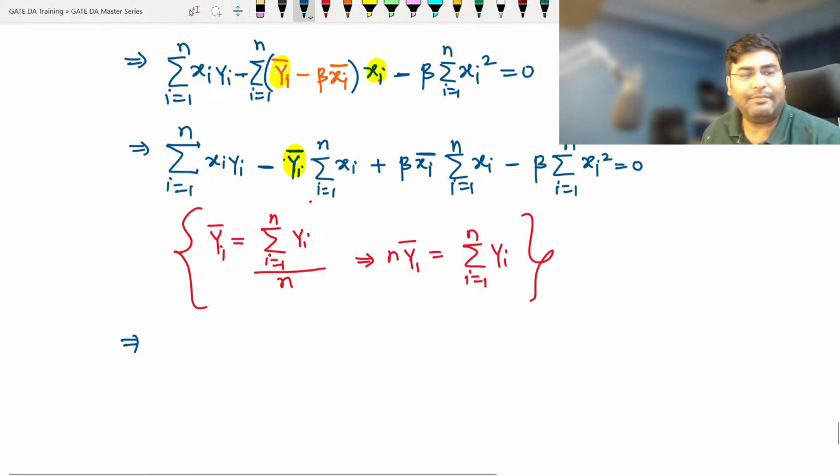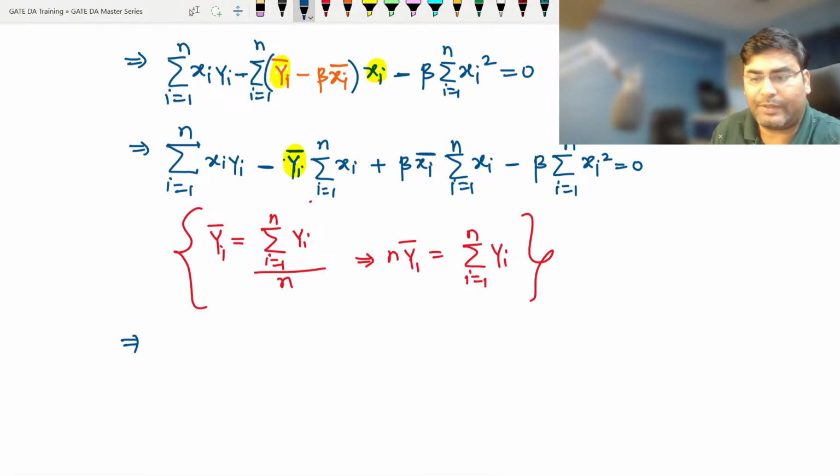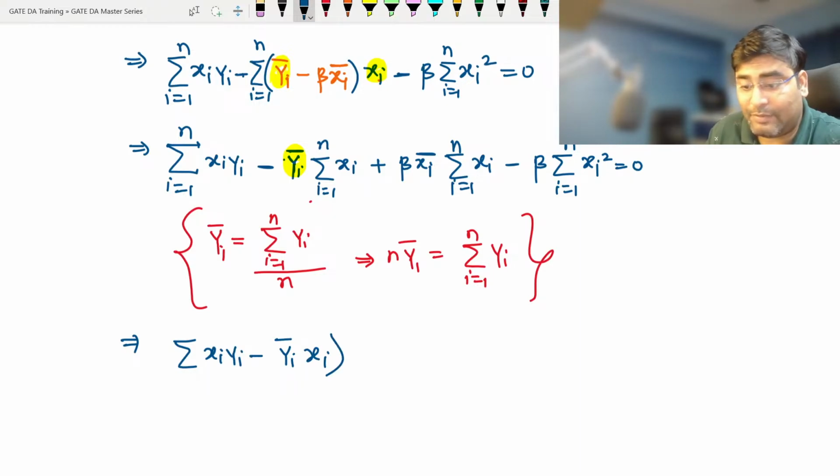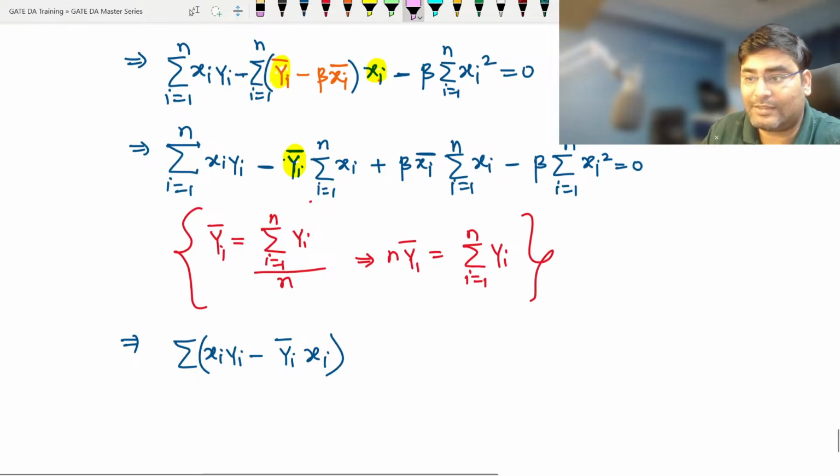So I'll divide by n later, but let me first group it. If I group it, I'll say xi yi, minus y bar xi, and I'm combining the summation. Which summation, guys? I've combined this summation and this summation into one outside.